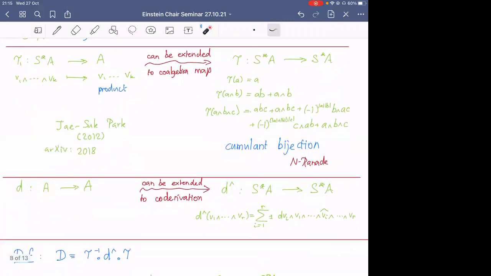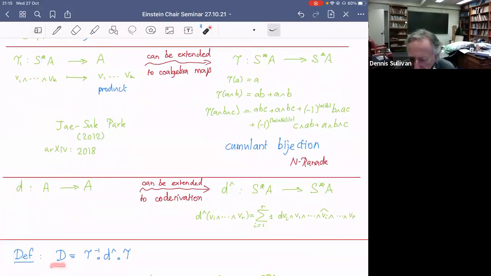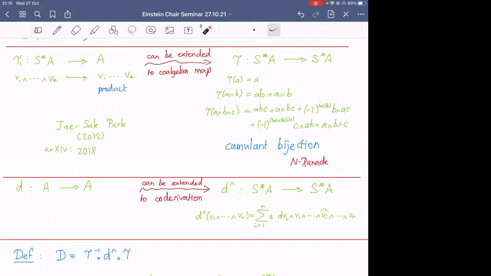Okay, so now we make a definition. Capital D is also a derivation, right? Yes, it's also a derivation. And it also has square 0. Yes, because D squared was 0. So now we make a definition. We have D hat, this map from S star A to S star A, which is a co-derivation.